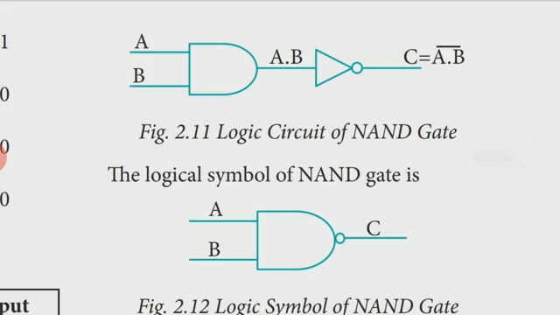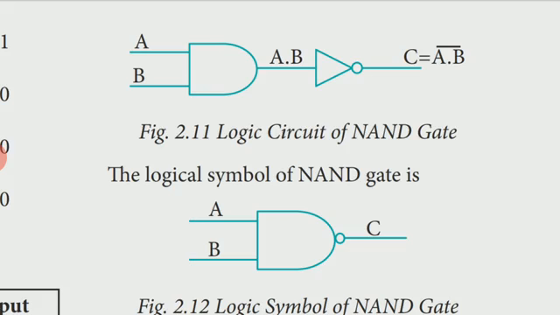See, this is the logic circuit. First, A and B, using AND gate you want to get output. That output you have to give as input to a NOT gate. So, you will get C equal to (A dot B)'.